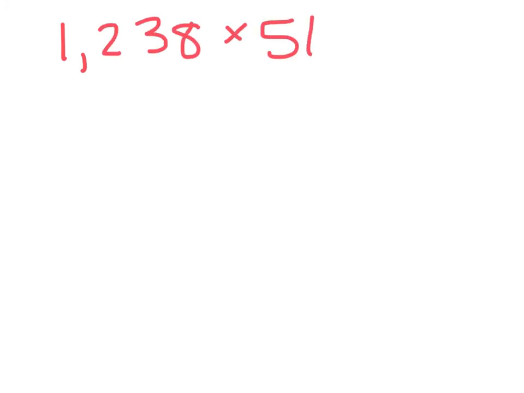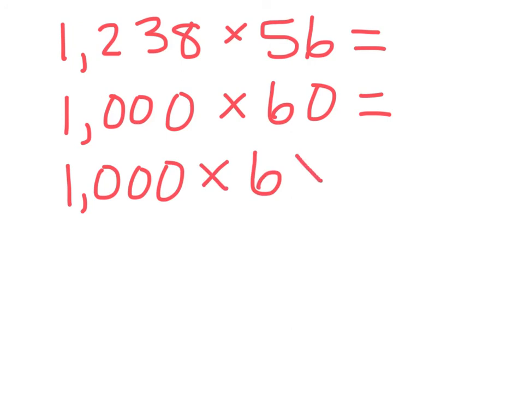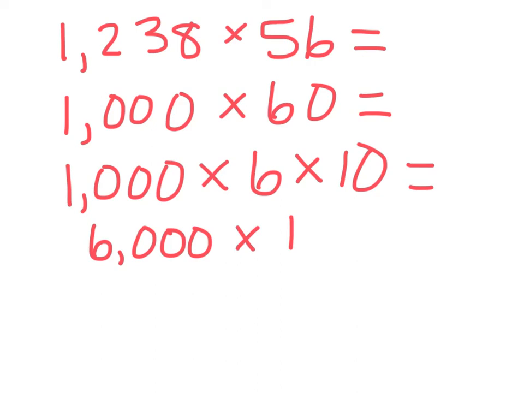Here's another example. Let's estimate the product of 1,238 and 56. 1,238 will round to 1,000 and 56 to 60. If we break this problem apart, we have 1,000 times 6 times 10, because multiplying by 60 and multiplying by 6 and then 10 gives us the same result. 6 times 1,000, following the 1,000 rule, means that we add 3 zeros after our 6. 6,000 times 10.